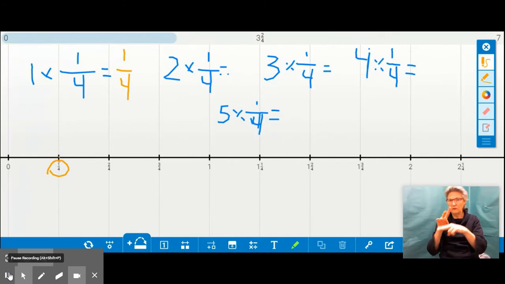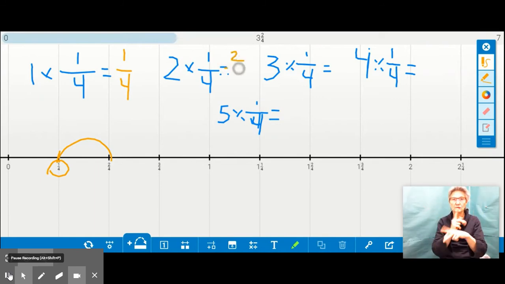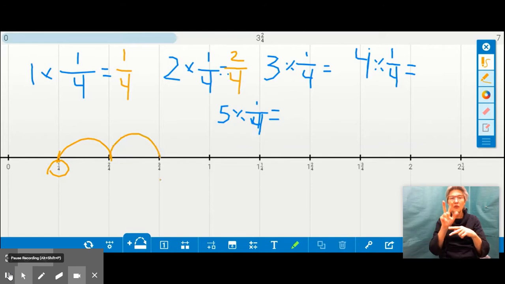That means this is 1, so I have 1 more jump. 2 times 1/4 is the same as 2/4. 3 times 1/4, and here I'm just counting by 1/4. 3/4.